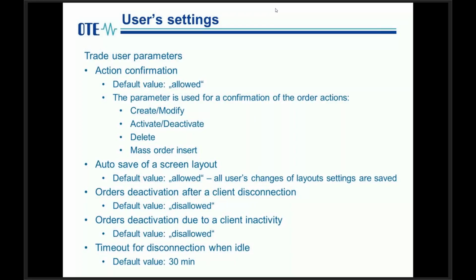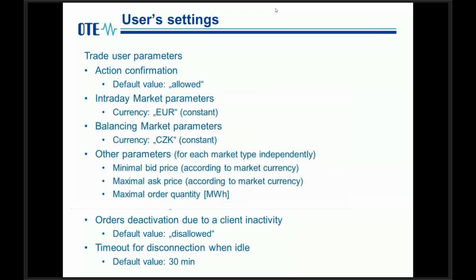As we showed in the first part of this presentation, it does not mean that the orders would be deleted. They remain recorded in the order book, but they are withdrawn from the trading and are not offered anymore. At this moment, they cannot be handled anymore. These parameters are used to determine the behavior of the screen.